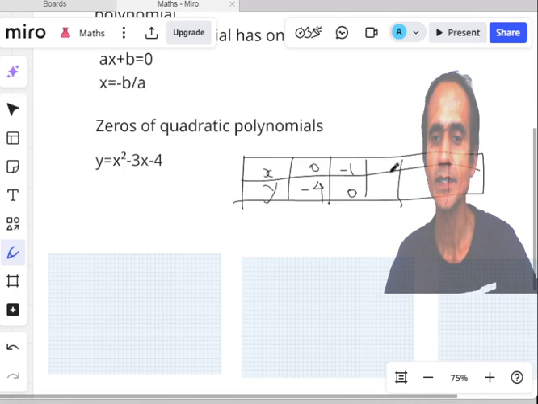Then let us take some more numbers and find out the value. Minus 3, then take 1, then 2. We will find the corresponding values, and then we'll plot it on the coordinates or on the graph.